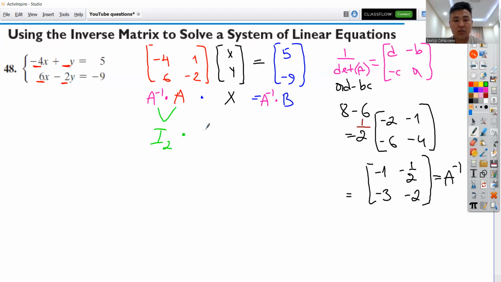And we didn't touch the right side: the inverse multiplied by B. Anything multiplied by the multiplicative identity won't change anything. So when you multiply the multiplicative identity by X, it will give you the same X. And on the right side, inverse of A multiplied by B.